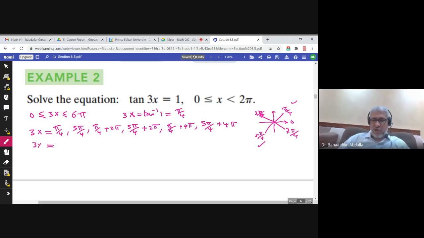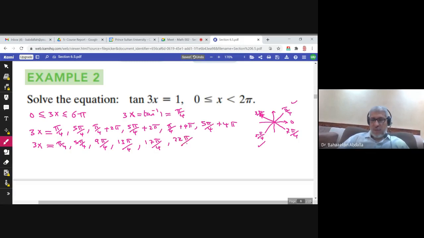These are the solutions of 3x. I have pi over 4. I have 5 pi over 4. If you add 8 over 4, remember 2 pi is 8 over 4, plus pi over 4, this is 9 over 4. Here, 13 over 4. Okay, adding 8. Here, adding 16 over 4 plus 1, 16 plus 1 means 17. You can find this by calculator easily.